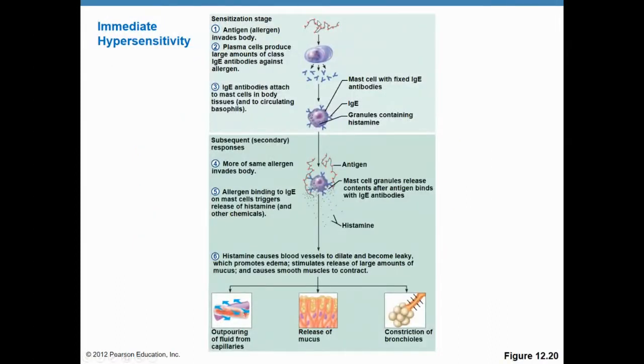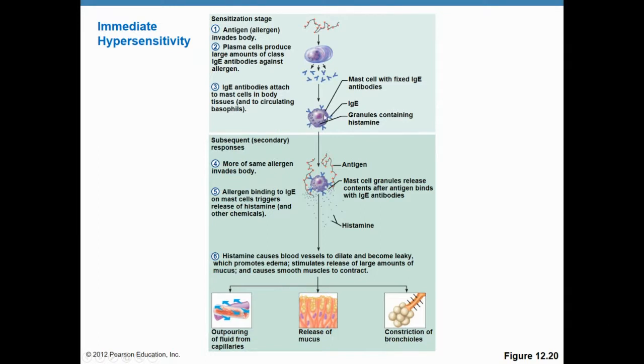So here we have an allergen, and when we are exposed to an allergen, our B cells are going to become sensitized, and they will start to make antibodies against this allergen. Well, those antibodies, that immunoglobulin E, is going to attach to mast cells.